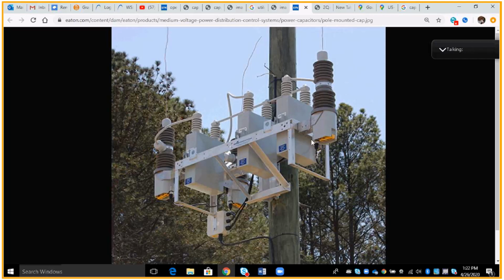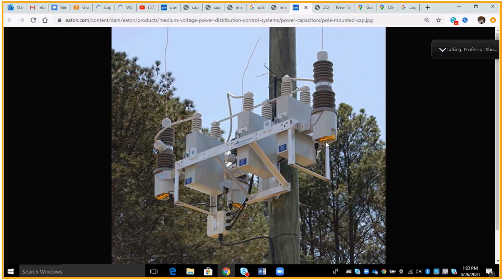What's not in this picture, I didn't find many on the internet because they're pretty much older, but just to let you know, they might be out there in the field. There are some that have a spring-loaded plunger on the side. You just press that in with a stick, it'll open, and it has a green or red flag on the bottom. Green means open, red means closed.